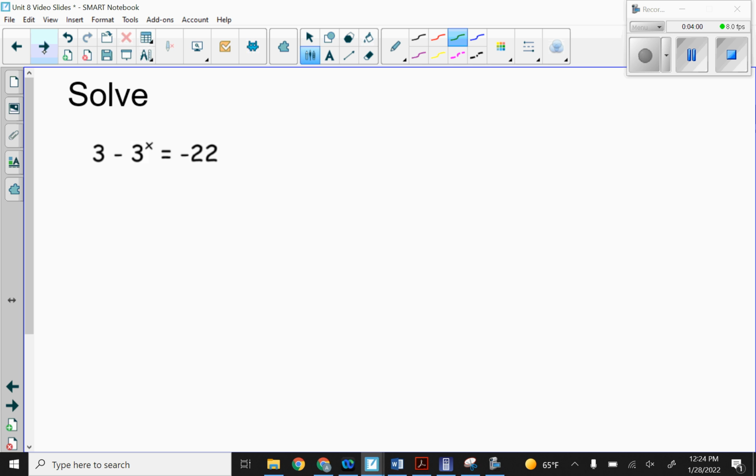This one is a little different as well. Now, the key difference here, before we have this 3 to the x, there's that 3 in front. So we first need to move that to the other side. So I'm going to subtract 3.